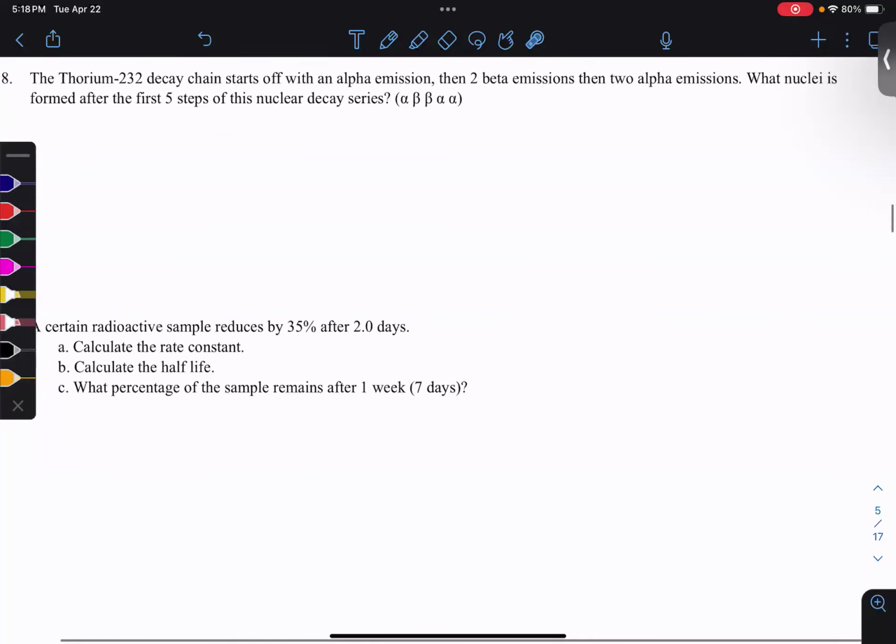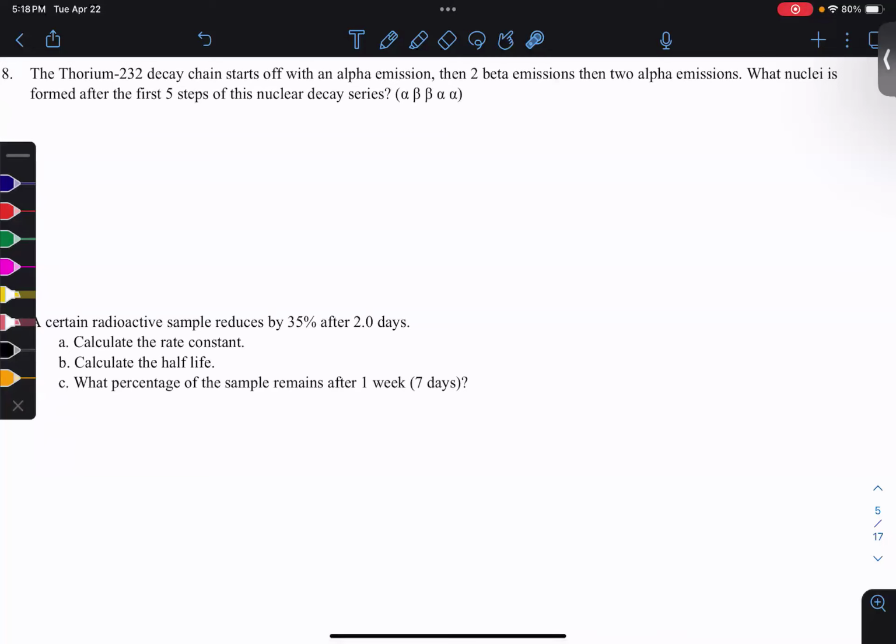So in this question, thorium-232 decays by alpha, 2 betas, then 2 alphas. What is your product? There are a lot of ways you can do this. You can do one at a time if you wanted to. So thorium 232, and then you need the number of protons, so that's very important, so 90.